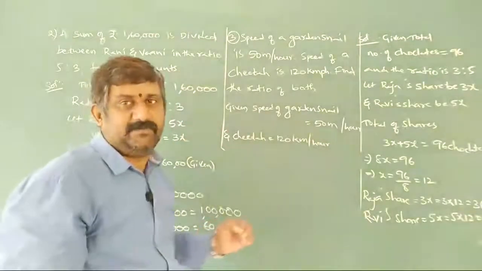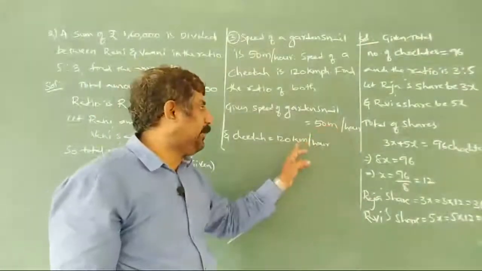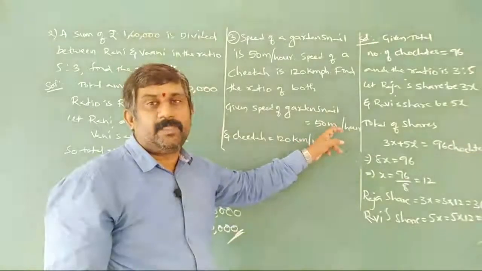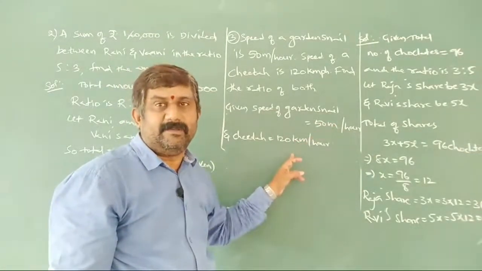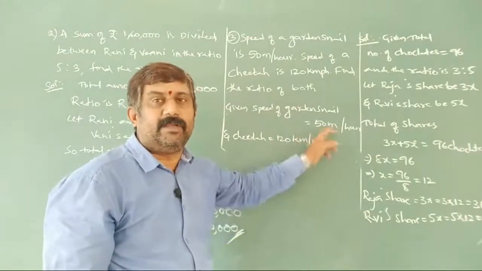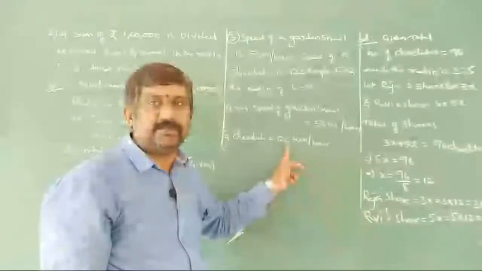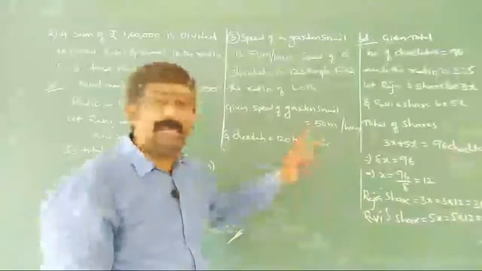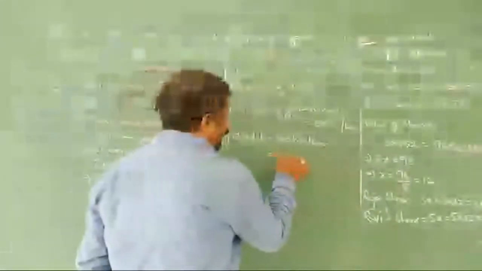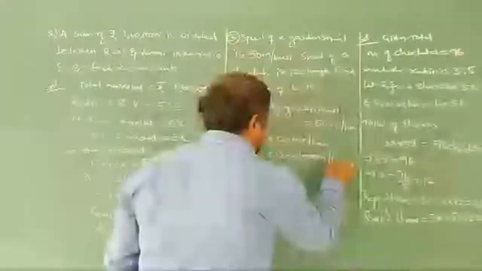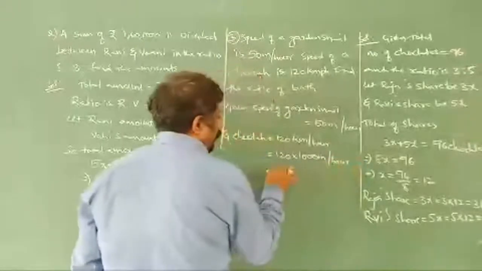So which is best? Which are you going to convert here? Either meters into kilometers or kilometers into meters. Meters into kilometers will give decimals. So better you convert kilometers into meters, it is best. This can be written as 120 kilometers into meters per hour.